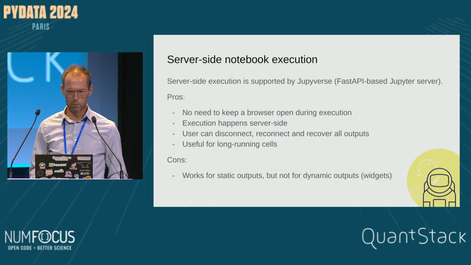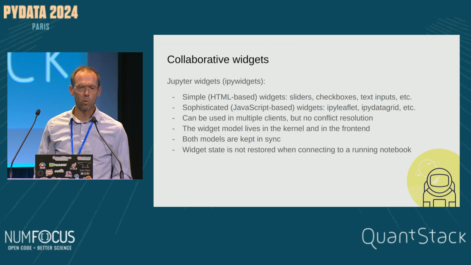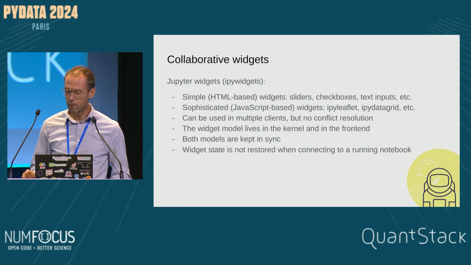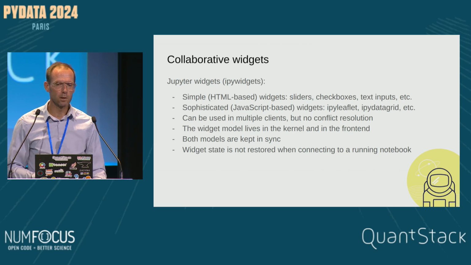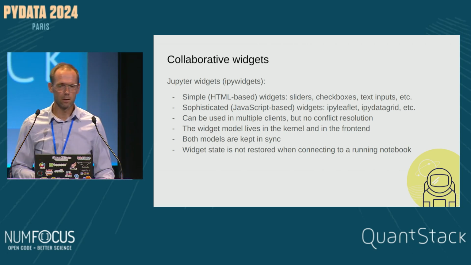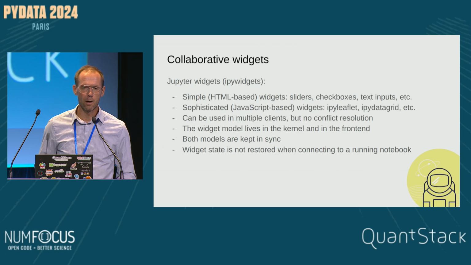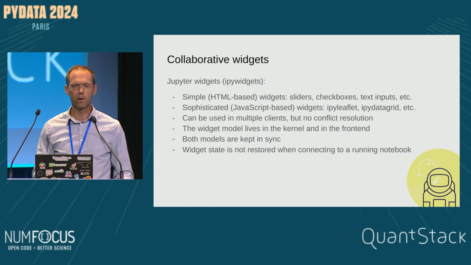And when I mean dynamic, I'm talking about widgets. So what would we have to do to make that work with widgets? We would have to make them collaborative. Currently, IPyWidgets, which is the foundation of Jupyter widgets in the Python world, actually, is kind of collaborative.